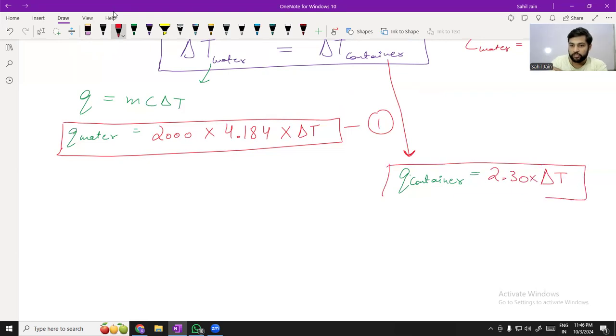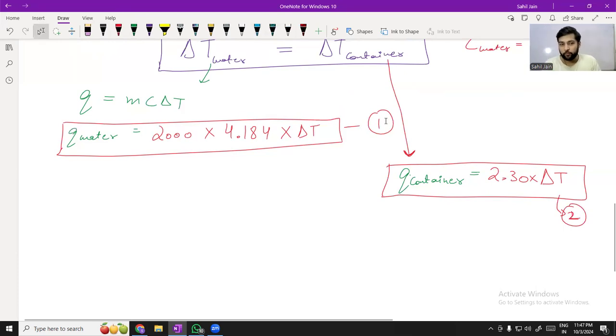And this gives us our second equation. Now be very careful that the delta T in both cases is exactly the same. If you have any confusion over it, go over the video again. So delta T is the same for both of them, but the Q water and Q container are not at all the same. They are two different things.